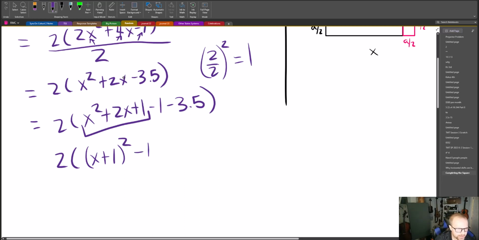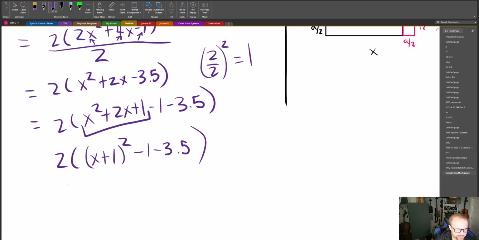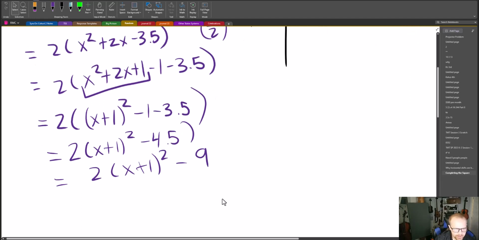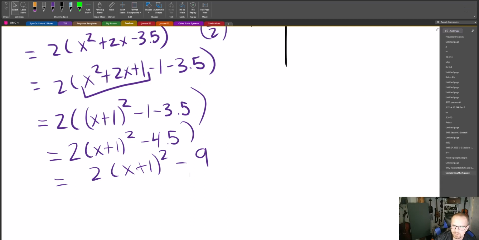So minus 1 and minus 3.5. When you put all those together, minus 1 minus 3.5 is minus 4.5. There should be an equals here, I think. And you have your perfect square minus 4.5 that we then distribute the 2 through, and we are left with a lovely complete the square equation in vertex form, which is very usable.